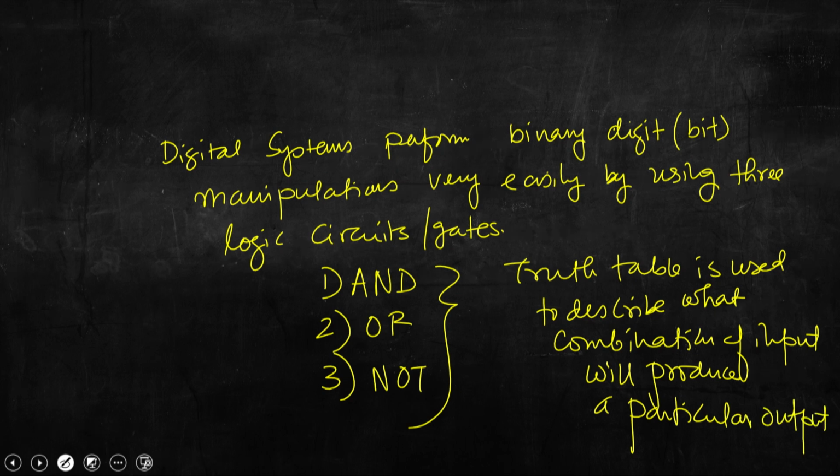So, we shall be using this truth table. Let us discuss these 3 logic gates briefly. The first logic gate is AND.